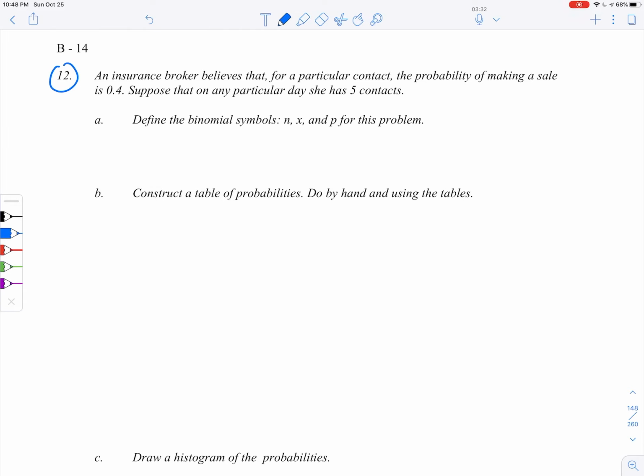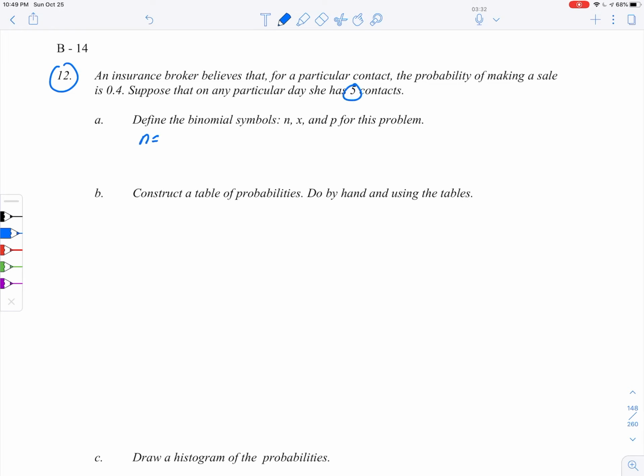Suppose that on any particular day she has 5 contacts. So let's define the binomial symbols n, x, and p. So again, what you might want to do is to pause this, give this a try as we go through each part, and I'll assume that you push the pause button when you need to and try it on your own.